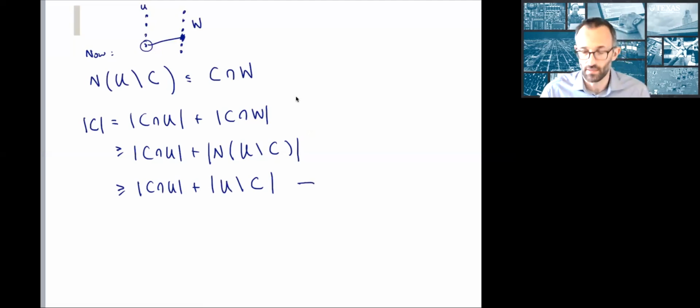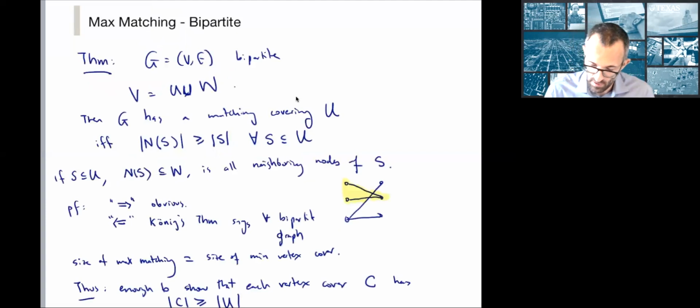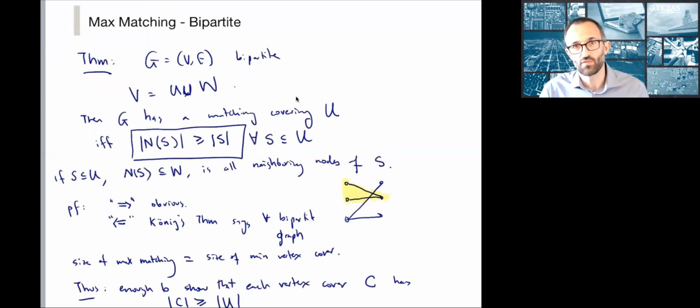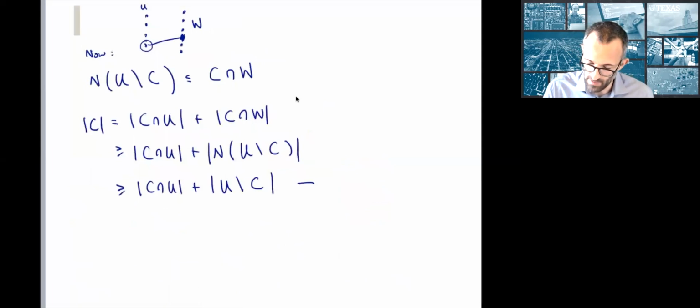Let's look back. This is basically my assumption, which is what I'm trying to prove. My assumption is that the size of neighbors is greater than or equal to the size of the set that you started with. So I just replace the size of the neighbors by something that's potentially smaller, the size of the set where I started. So this is by assumption, and this is equal to |U|. So this concludes this result.